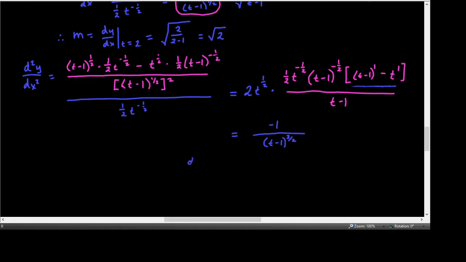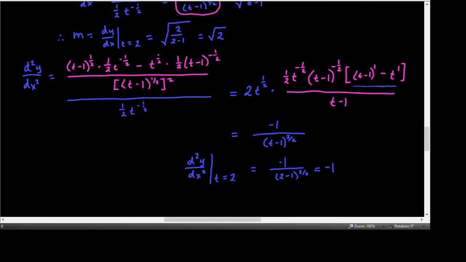So the concavity is found at a particular time by evaluating our second derivative at that particular time, time 2. That's going to be negative 1 over 2 minus 1 to the 3/2, which is negative 1.